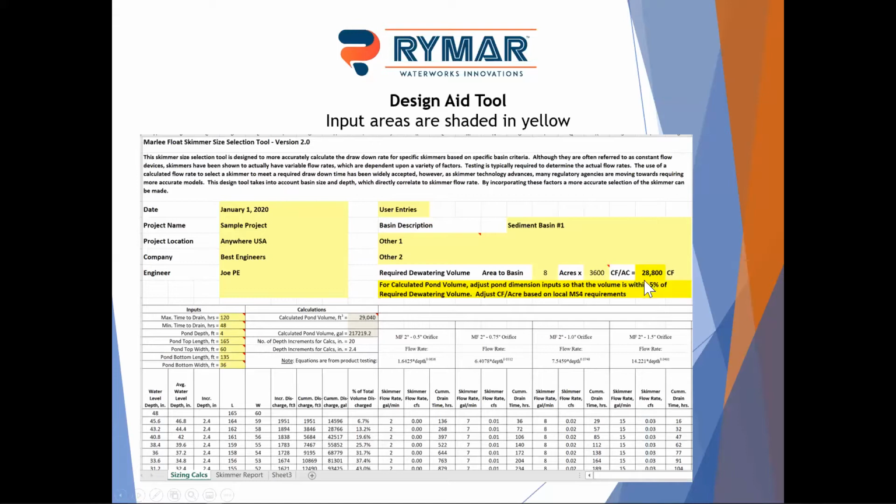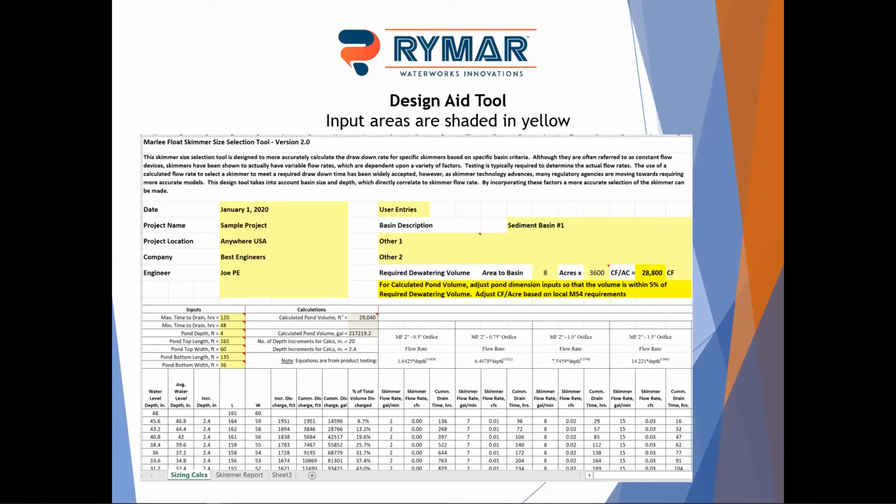And again, we recommend, and a lot of areas recommend and require, that you use the required dewatering volume, not your full basin volume. The reason being, if you have a basin that's going to be a multi-purpose basin that's going to convert to your final detention pond, the volume required for that pond could be much greater than your sediment storage volume required.